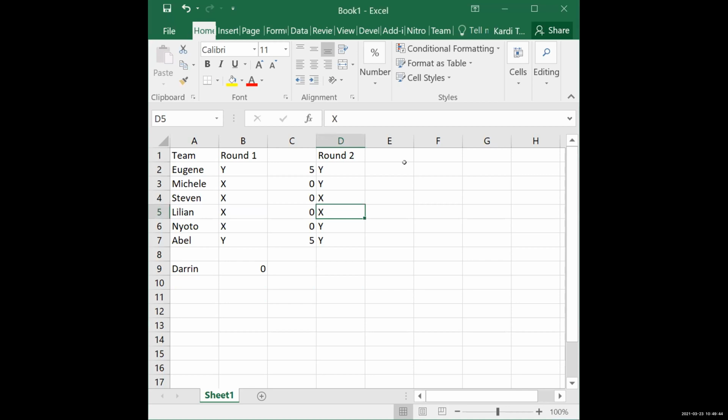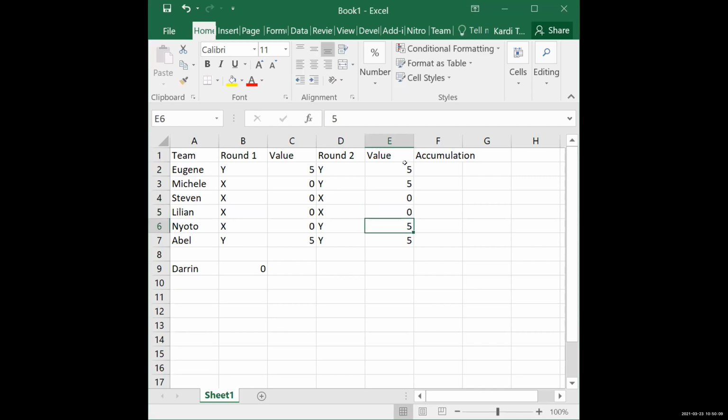So this is the result. This is the value of the game. And this is the accumulation. So the value is now, because it's a mixture, you get 5, 5, 5, 5. Stephen gets 0 and Lillian gets 0.